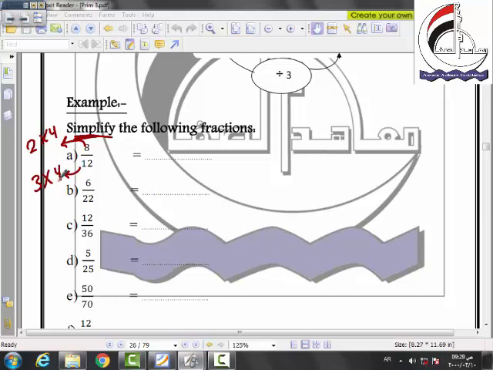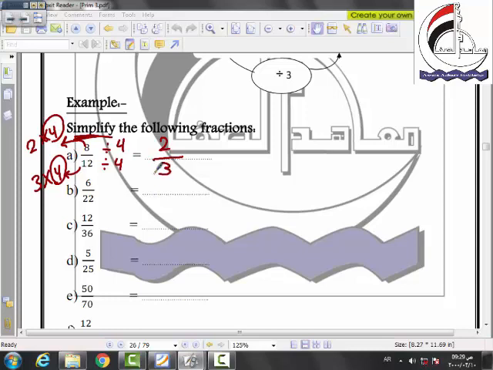Okay? We find that 4 is the common table between 8 and 12. Then we divide the numerator by 4 and the denominator by 4. The result will be 8 divided by 4 equals 2, and 12 divided by 4 equals 3.